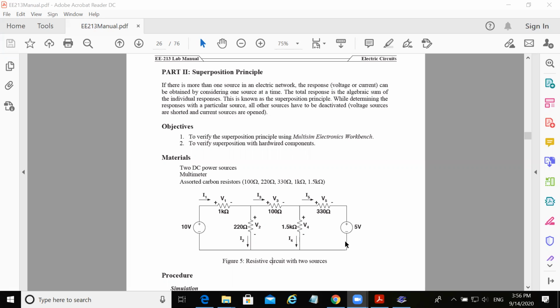Okay, now think with me, please. When I say that I want to remove the 5 volt source, it means I actually want to remove the effect of this source. What is the effect of this source? Let me use the annotations so that I can draw here.